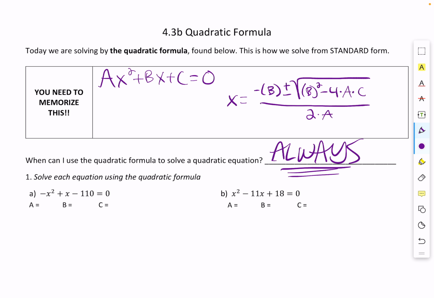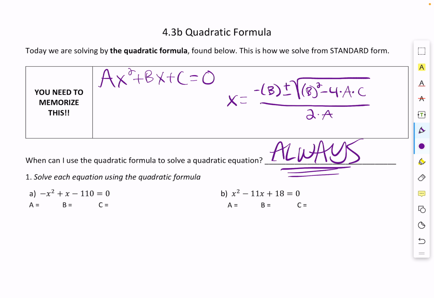So look at this first one. What number is in front of a, or in front of the x squared? What is it? Anyone? I hear 1. Is 1 the number in front of x squared? -1. Come on, guys. I know we just had a break. Are we here today? No? Eli's not here?